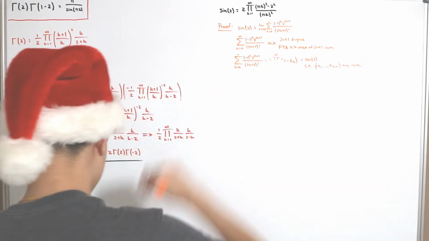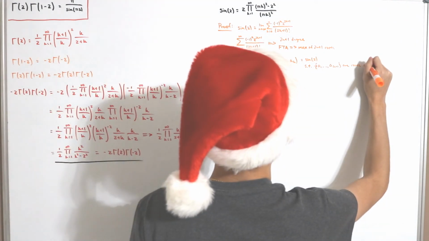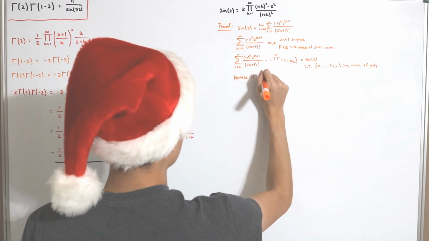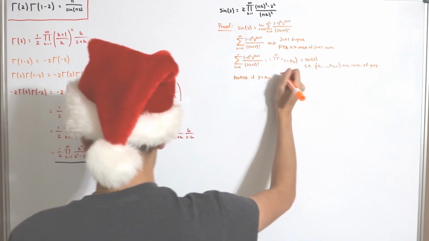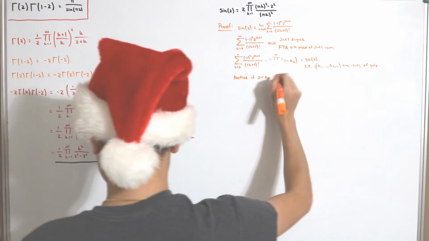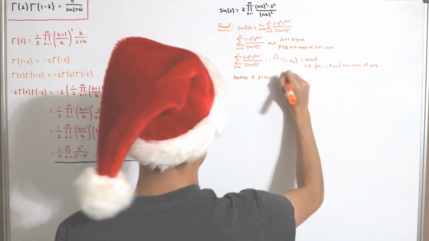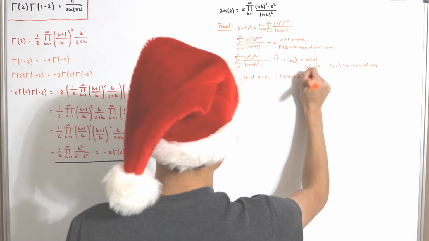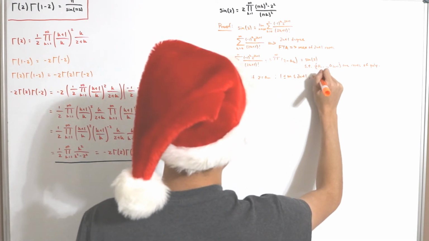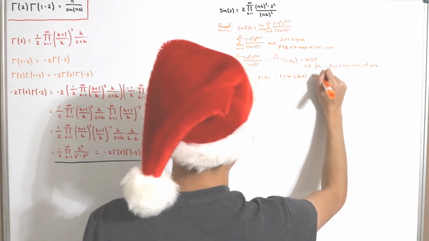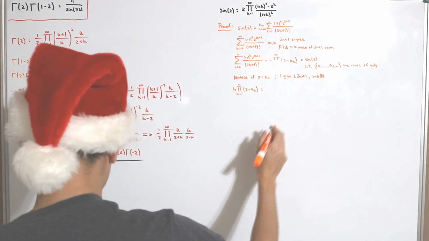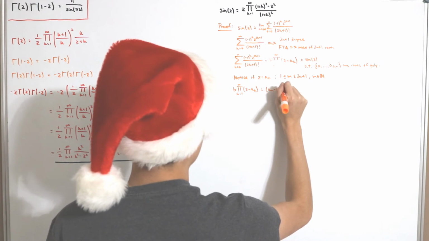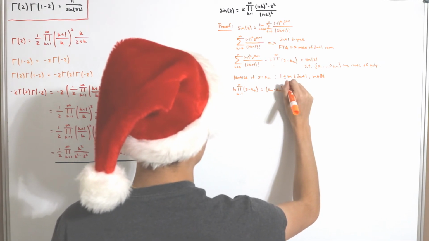Let me write a polynomial. Notice if z equals a sub m, such that 1 is less than or equal to m, which is less than or equal to 2n plus 1, for any natural number n, it can be rewritten as a sub m minus a sub m, and its product can be rewritten.